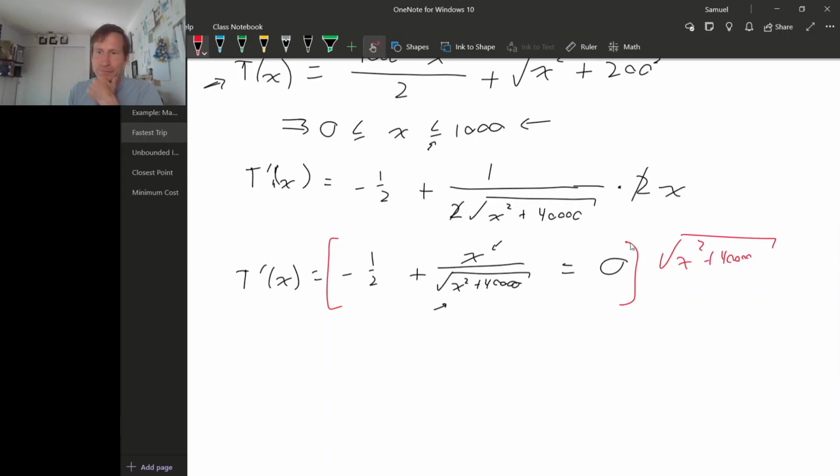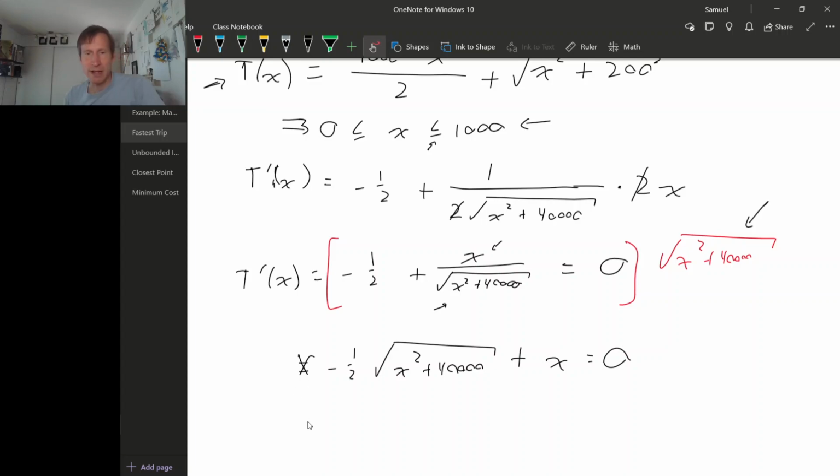Again, we don't have to worry about the possibility that we're multiplying by 0 because this thing is never 0 for any real number. Okay, so when we clear denominators, we get minus 1/2 times the square root of x squared plus 40,000 plus x equals 0.